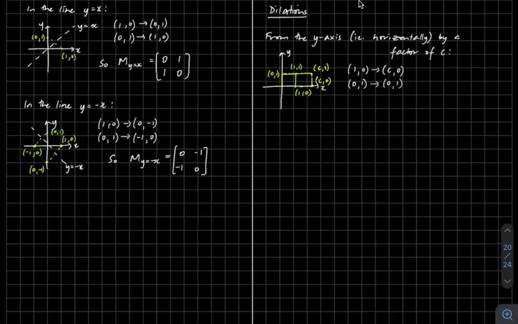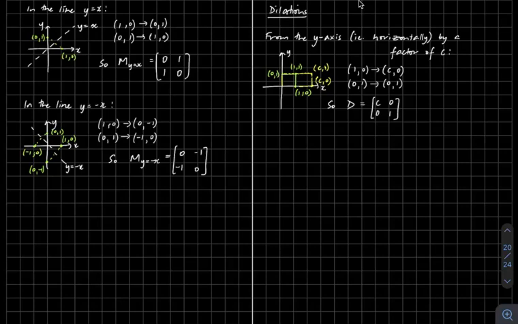didn't move, and so let's use D for dilation. If I've got a horizontal dilation, then I can say the first column will be c, 0, the second column 0, 1. So basically what that does is it stretches all the x coordinates by a factor of c, because they're the ones that are being stretched horizontally, but it doesn't change the y coordinates.